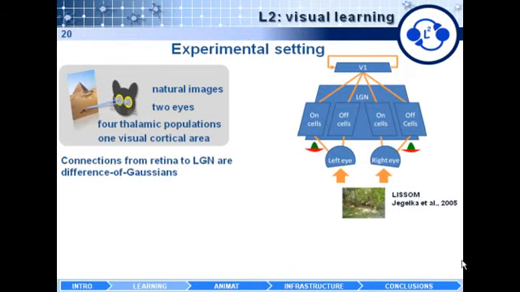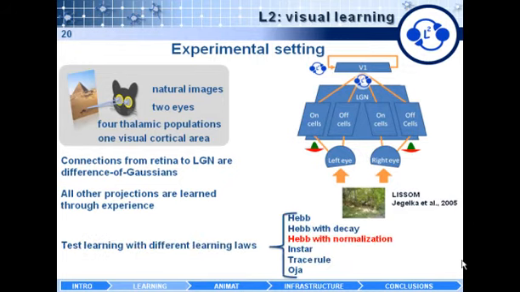All connections between the retina and the thalamus are fixed, whereas the connections between the lateral geniculate nucleus and the cortex, and within the cortex, are plastic and allowed to change. So we are in the process of testing several of these learning laws.